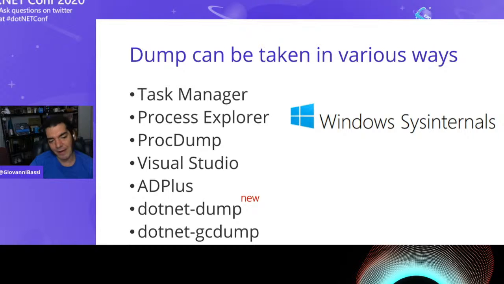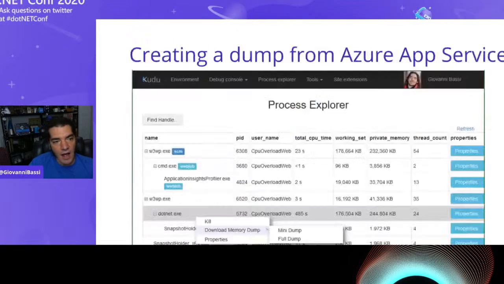ADPlus is an old application from Windows that you can use to take memory dumps, and you can also set it up to take a memory dump at an exact point in time. And the two new ones are dotnet-dump and dotnet-gcdump, and we'll talk about those two a little bit more. I just want to show you how easy it is also to do it on Azure.